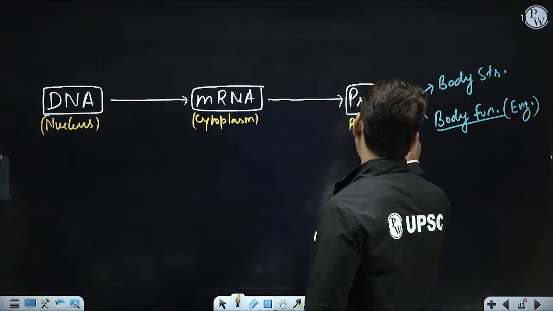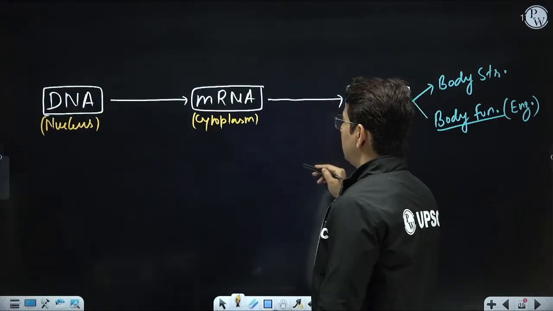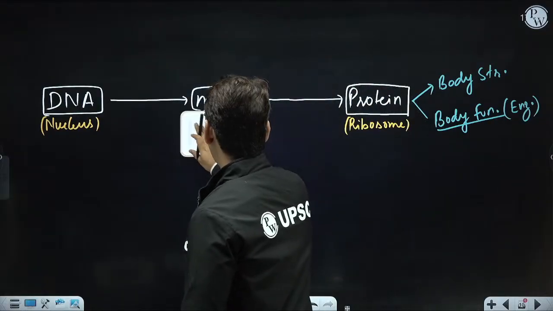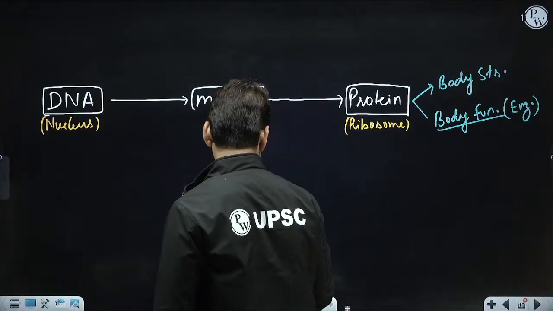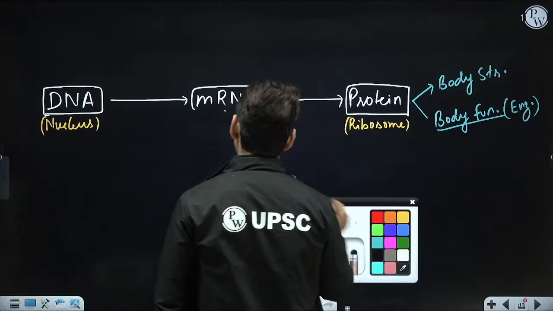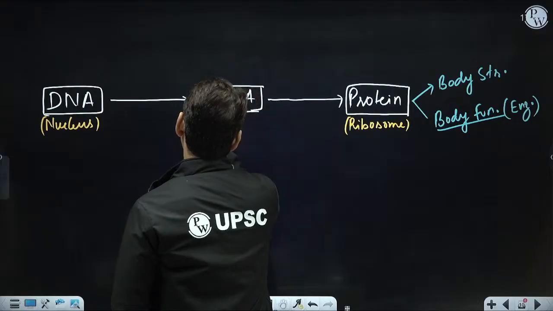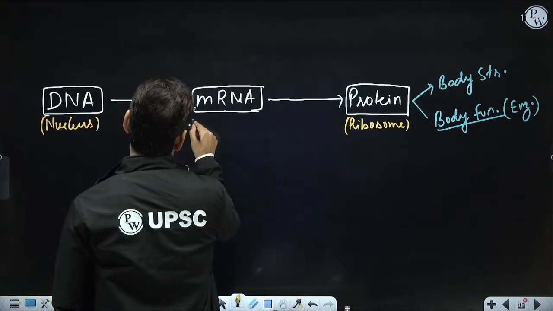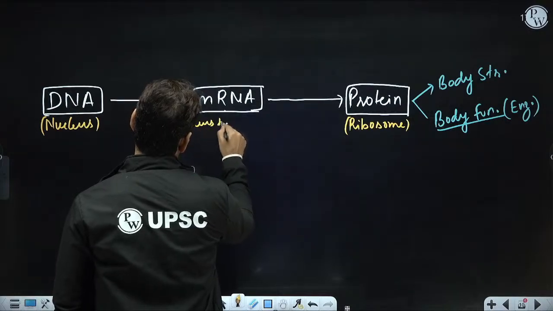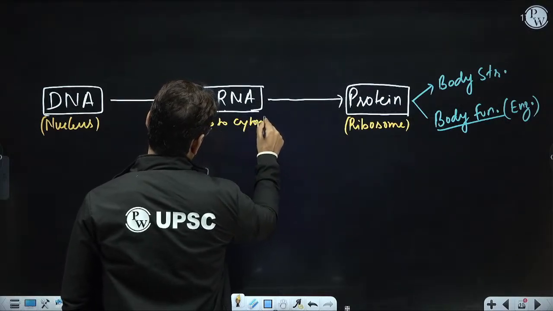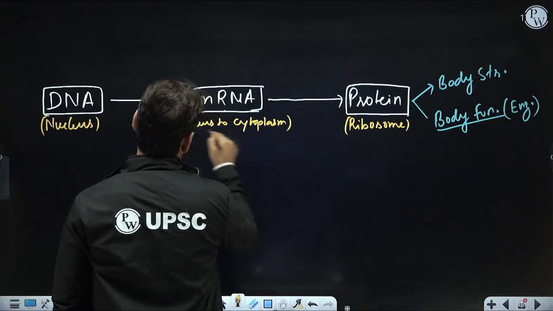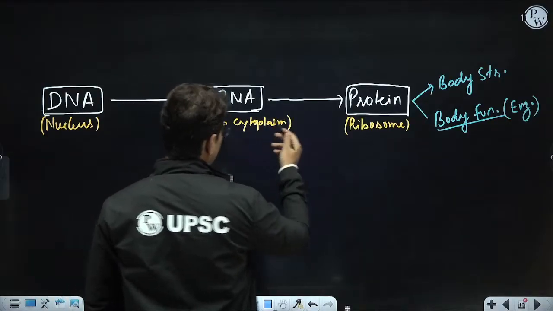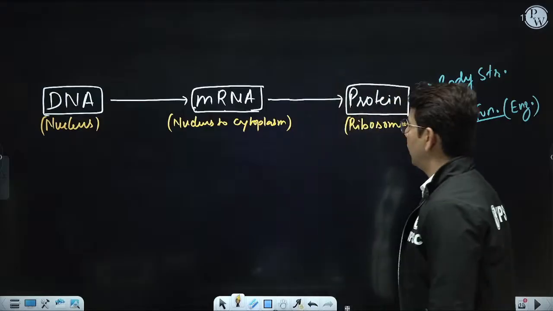So this messenger RNA will travel from the nucleus to the cytoplasm, right? Nucleus to cytoplasm. And then in the cytoplasm, it will give information to the ribosome.